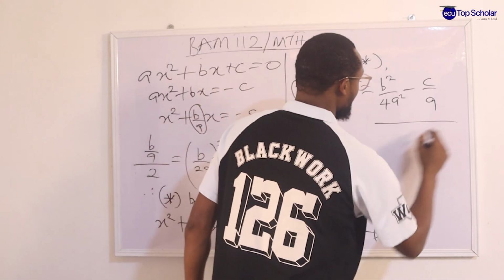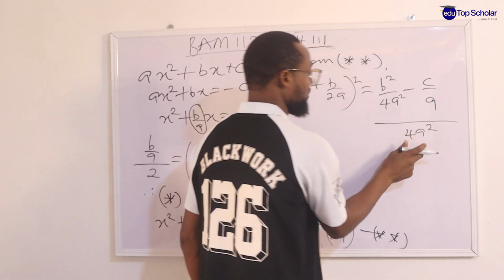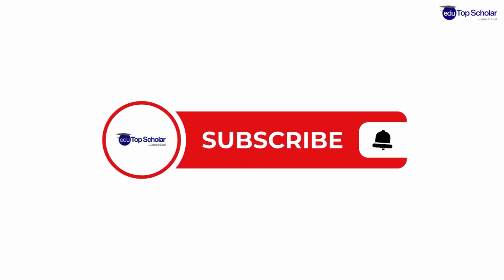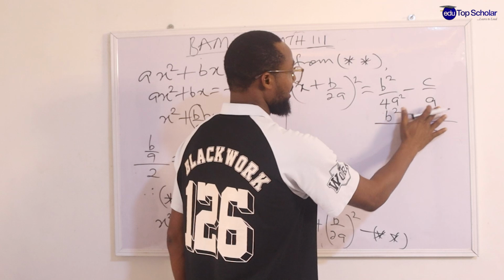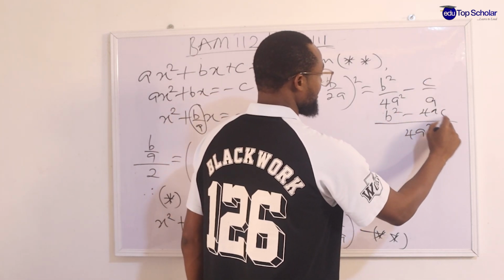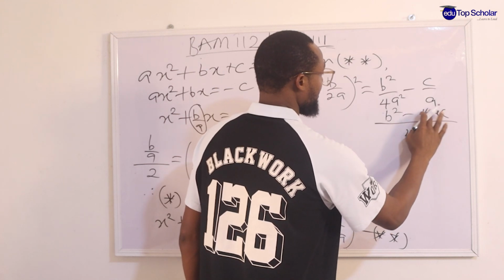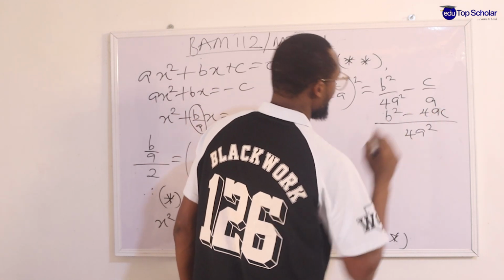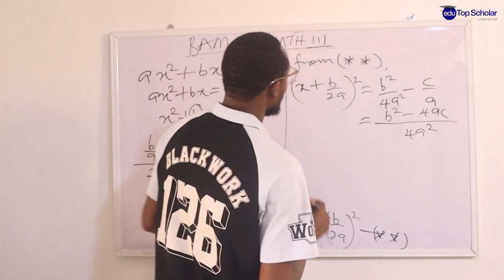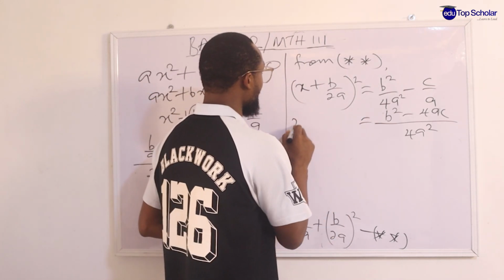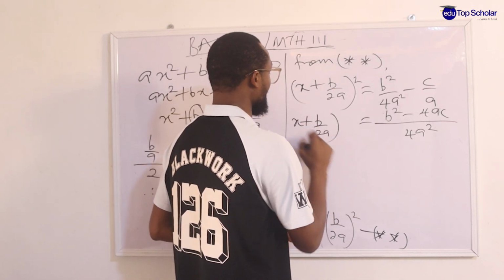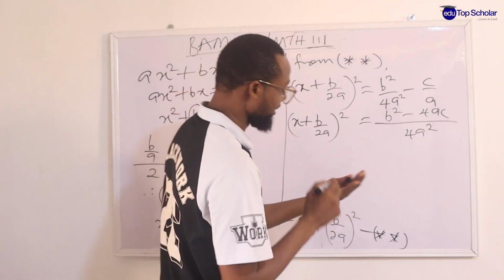And from there I can take the LCM and I have 4a squared here, that will be 1 by b squared. I have b squared minus a here. I have 4a times c, that will be 4ac. Okay? And now, from here, we now have x plus b over 2a all square equals to this.